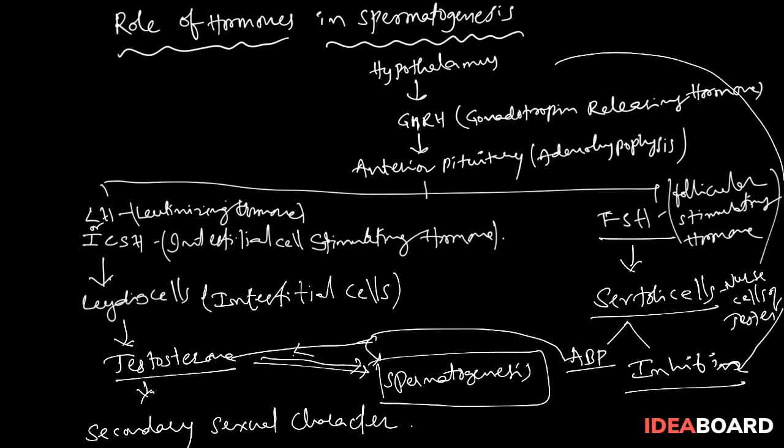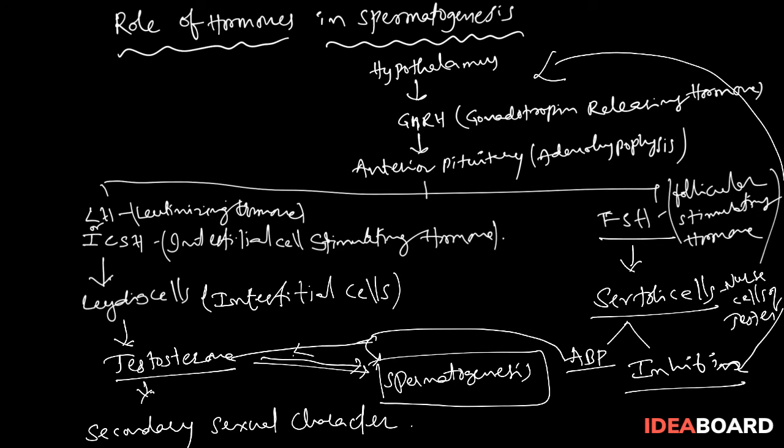It influences the hypothalamus to stop the secretion of GnRH when a sufficient amount of testosterone is present in the seminiferous tubules or testes for the production of spermatogenesis. Moreover, after production of the testosterone hormone from the Leydig cells, the testosterone causes spermatogenesis and develops the secondary sexual characters.